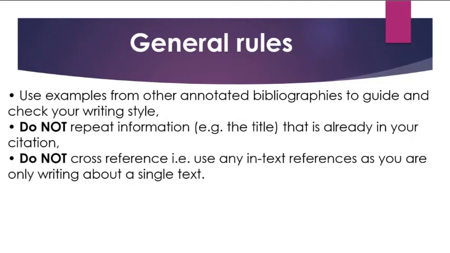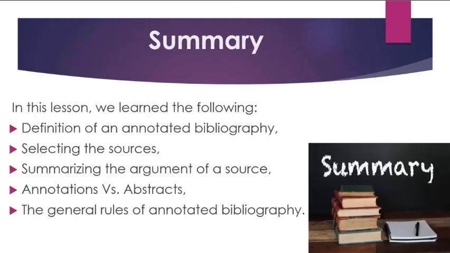Use examples from other annotated bibliographies to guide and check your writing style. Do not repeat information, for example, the title that is already in your citation. Do not cross-reference. What do we mean by cross-reference? It simply means do not use any in-text references, as you are only writing about a single text.